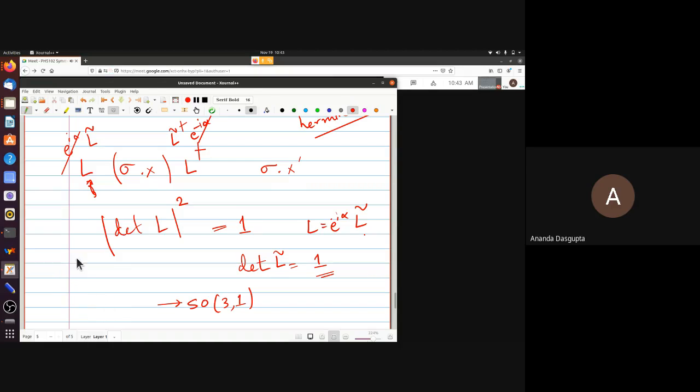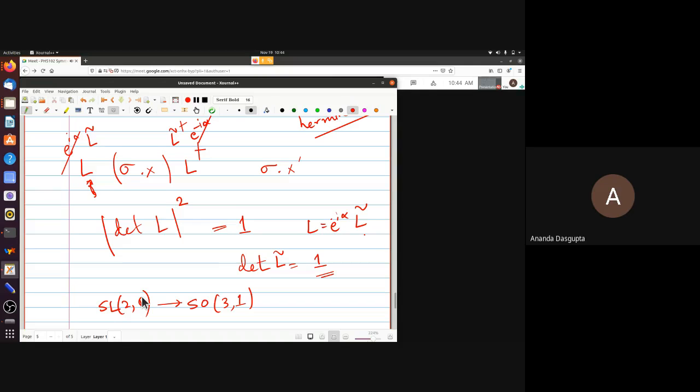Quickly. Anybody? SL2C. Set of all 2 by 2 complex matrices which have determinant 1. That's it. Any 2 by 2 complex matrix with determinant 1 will work.